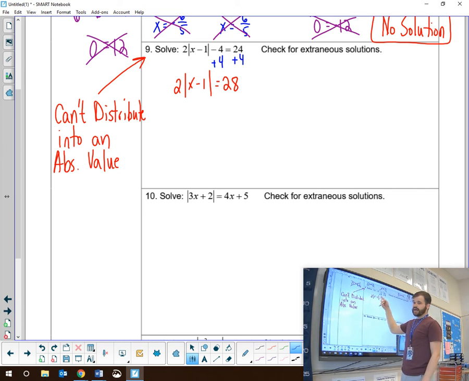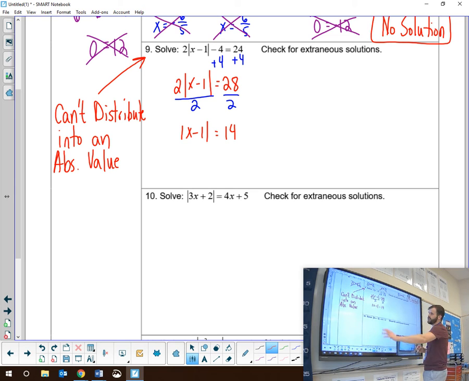Then I've got to get rid of that 2, because I cannot distribute into an absolute value. So I'm going to divide both sides by 2. So we're going to get the absolute value of x minus 1 equals 28 divided by 2 is 14.